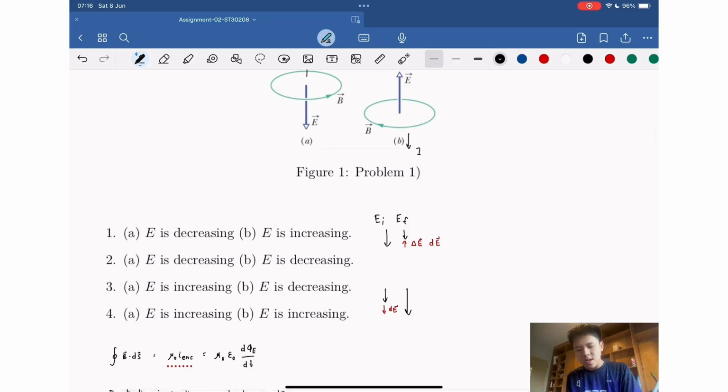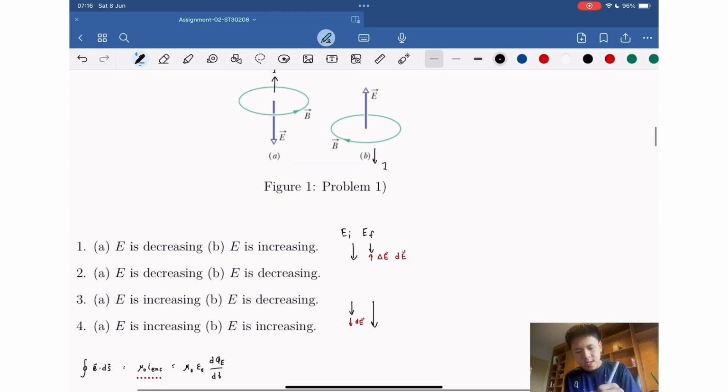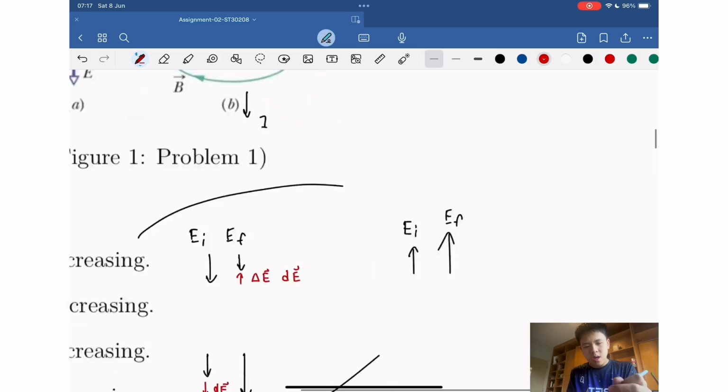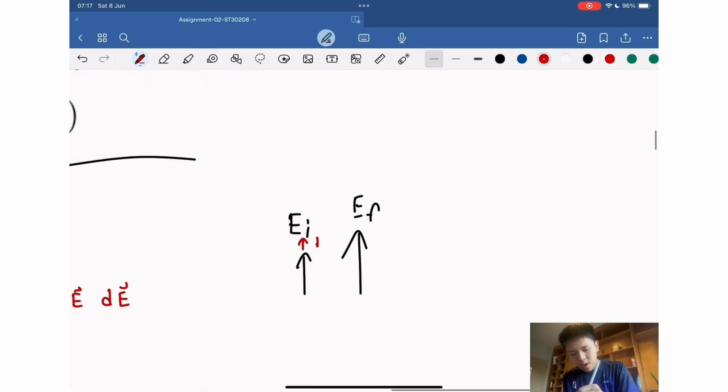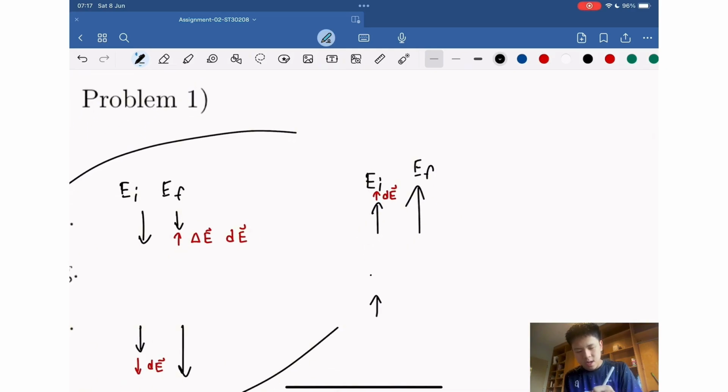And if we look at figure B, when E is increasing, dE will point up, but when E is decreasing, dE will point down.